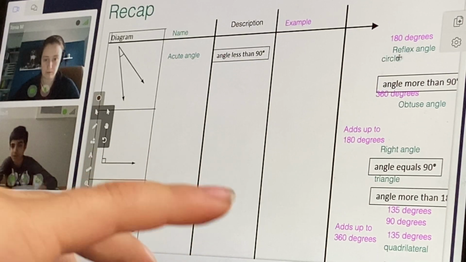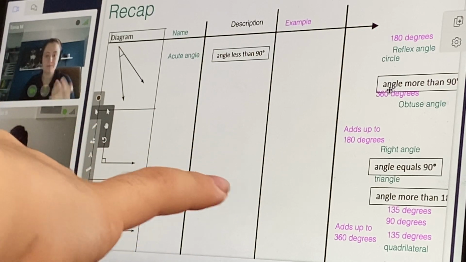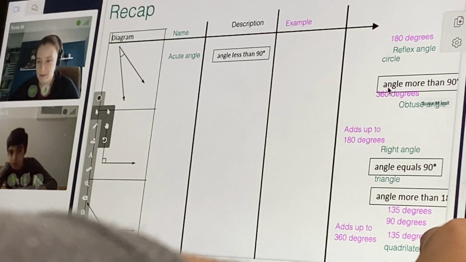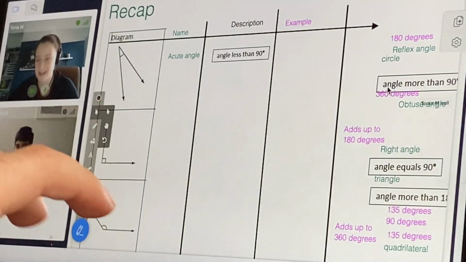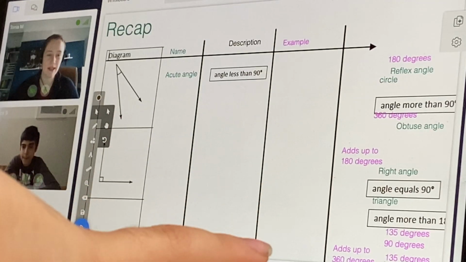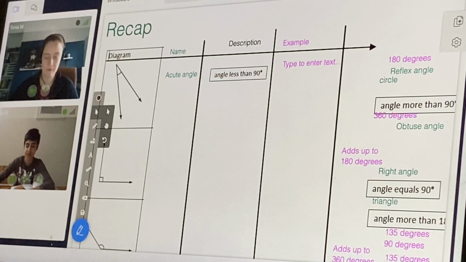What does it mean by example? Like it says 180 degrees, but I can't see anything less than. I hope that I put one in. Oh, I don't think I did. Okay, what could an example of this be then? What kind of angle was less than 90? 80? Yeah, it could be 80, so I'll put 80 degrees.